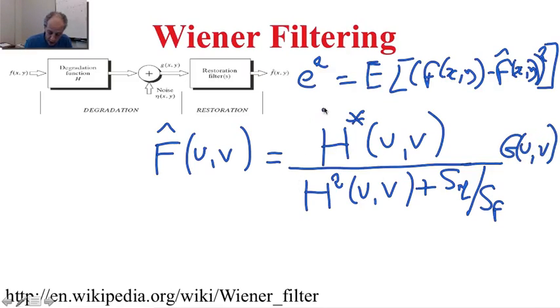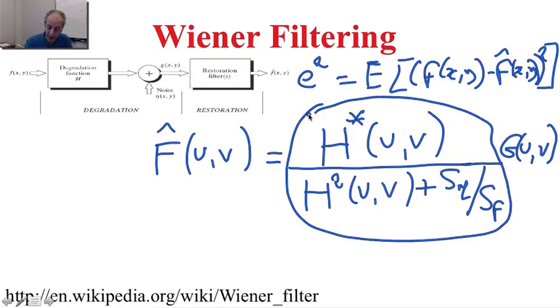So this is the Wiener filter. It's a filter that is multiplying our observation to obtain the reconstruction. And of course, we have to take the inverse Fourier transform to get the estimation.